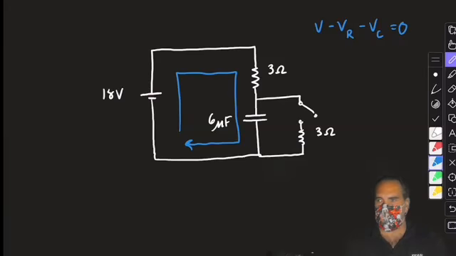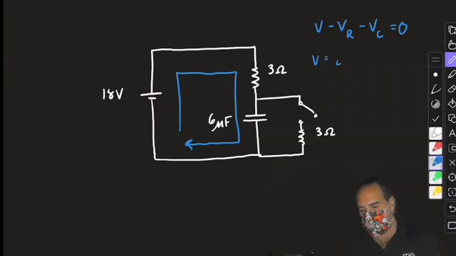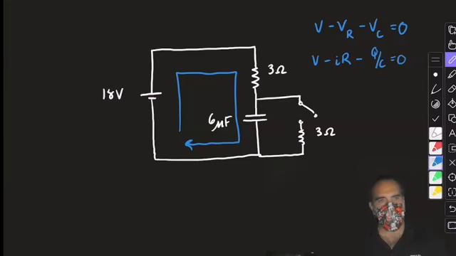And we can substitute in what we know about voltage for resistors and voltages for capacitors. The voltage for a resistor is IR, and the voltage across a capacitor is going to be Q over C. If there's no current, there is no voltage across the resistor.